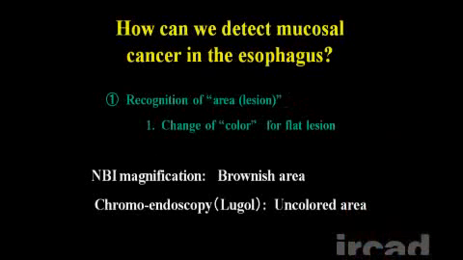So when we use image enhanced endoscopy, I mean NBI, sometimes with magnification, we can detect the brownish area. And of course, conventional chromoendoscopy is useful. Lugol solution in the squamous epithelium shows a Lugol-voiding area.